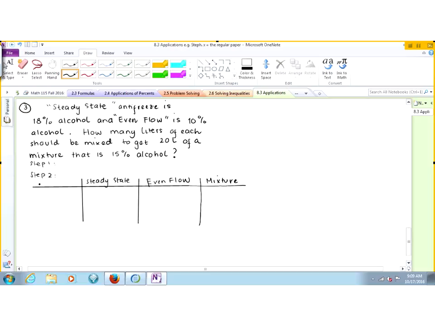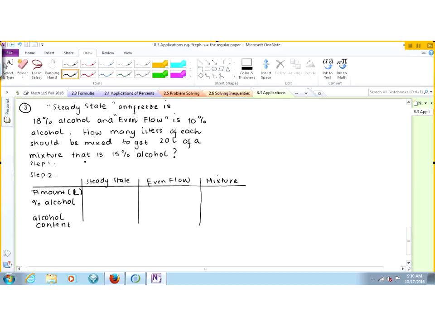Yeah. Now, what will I put here? So this is the amount. In this case, this is in liters. All right. And we're talking about percent alcohol, right? Percent alcohol for each. And then alcohol content. So for steady state, what is the amount that we mix?